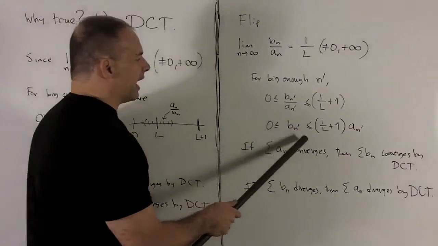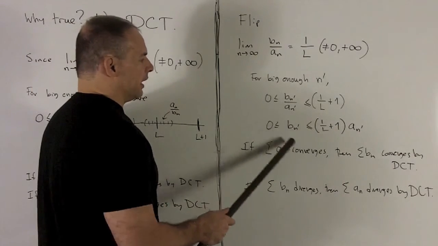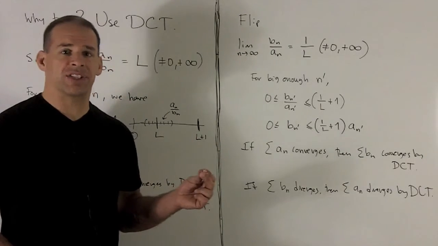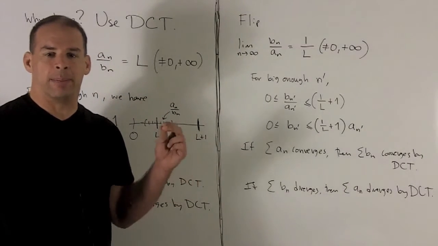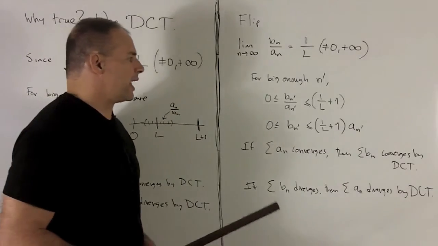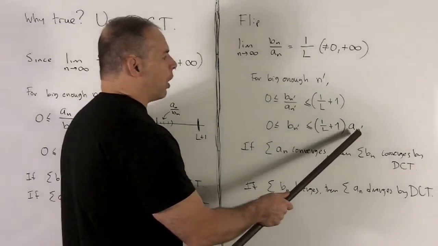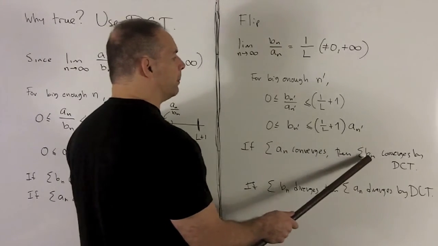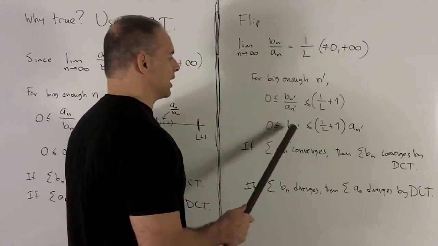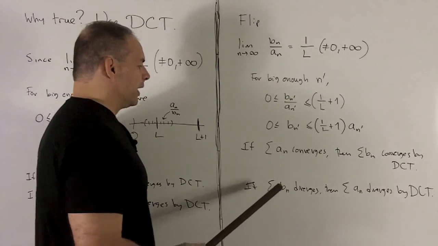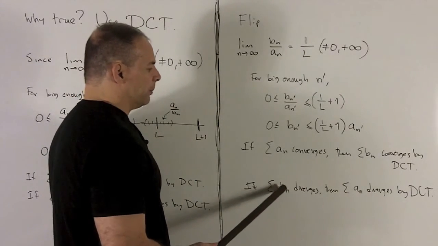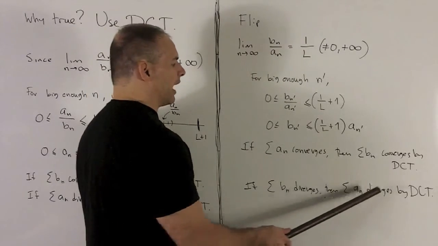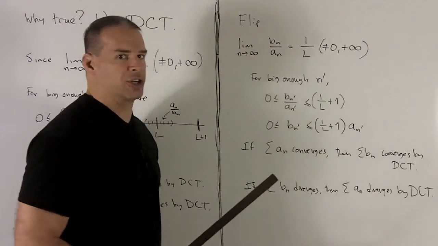Now this puts bn in the middle of the inequality, so we could pull out our direct comparison test, but we just switch the an and the bn in the statement. So now it's going to be the outside one, which is an, converges. Then we're going to have the series for bn converging by direct comparison test. If we have that the series for bn diverges, bn being the one in the middle now, then the series for an is also going to diverge by the direct comparison test.